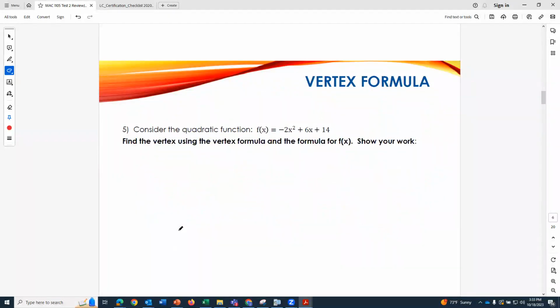Okay. And we have to find the vertex of this function. Can anyone help with that?